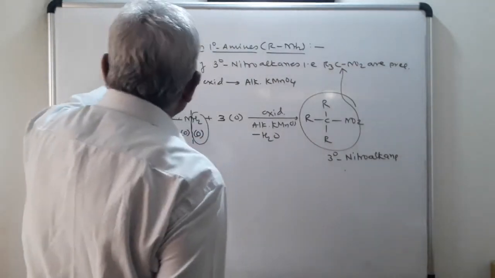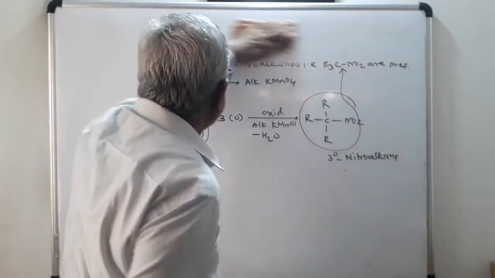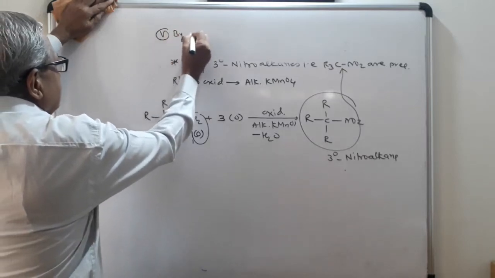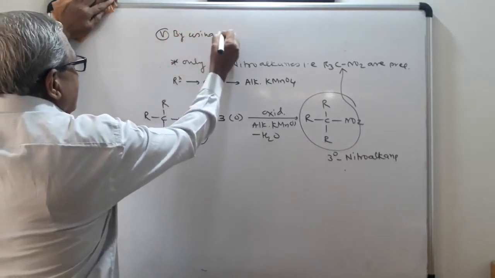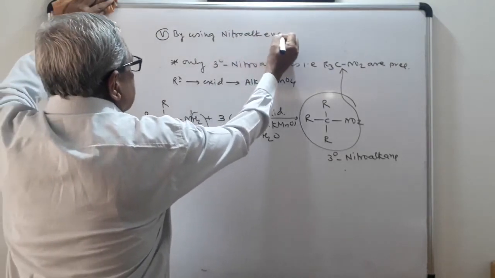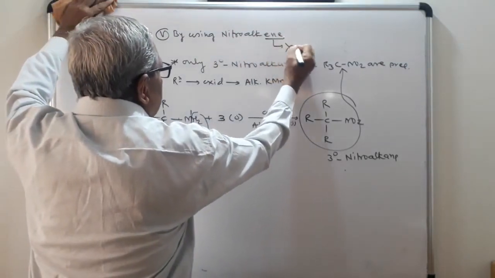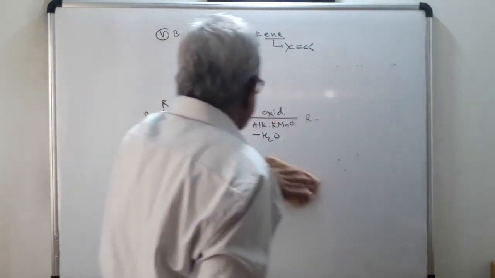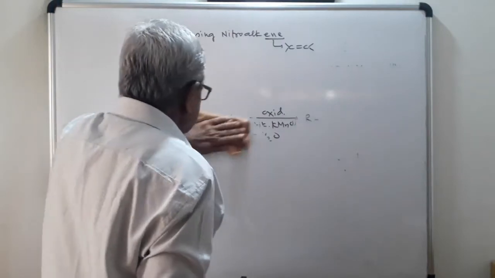Now the fifth method, by using nitroalkenes. See, the alkene indicates a carbon carbon double bond, so it will contain a nitro group as well as an alkene group.